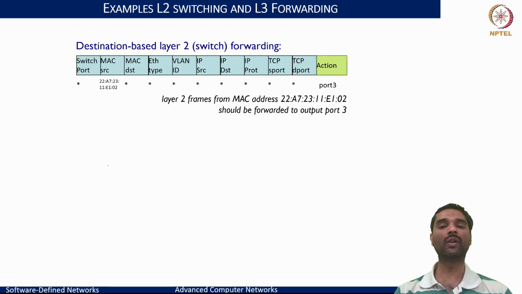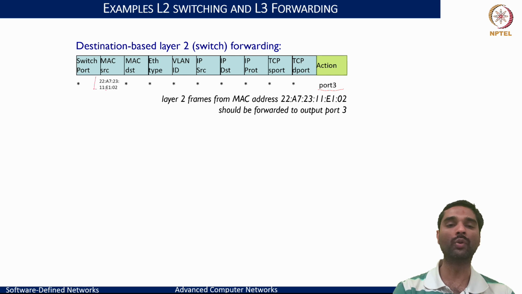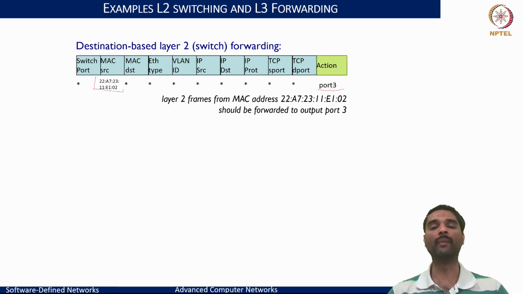The idea is that we want to set up these fields wherein we want to match this particular source MAC, and if there is a match for this, the action that needs to be taken is to send it out on port 3. This way, whatever the rule that we match for the source MAC, it says you can send it out on a particular output port.